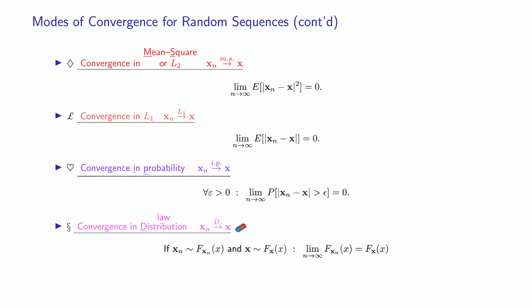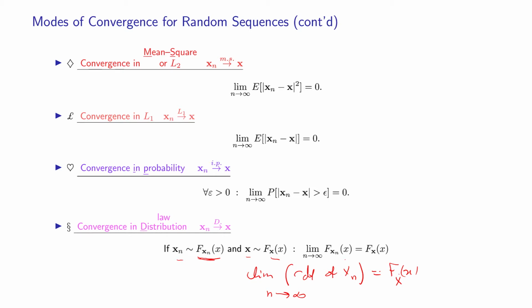This definition means that, let's say, the CDF of x of n is denoted by one symbol and the CDF of x by another. The limit of the CDF of x of n, when n is large enough, becomes a constant function, a constant CDF, or the CDF settles down somewhere.